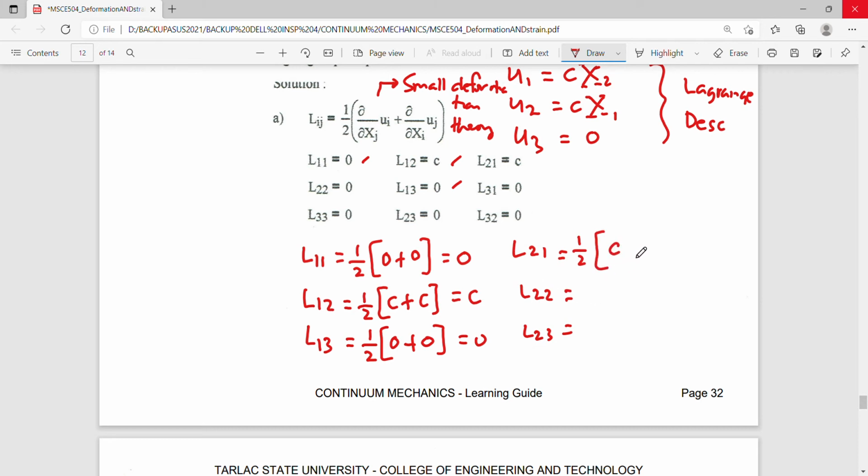Partial derivative of u1 with respect to 2 is again c. So this is simply c. So 2,1 is c. 2,2 is 1 half, partial derivative of u2 with respect to 2 is 0, so this is 0. 2,3: partial derivative of u2 with respect to 3 is 0 plus 0, so 0.